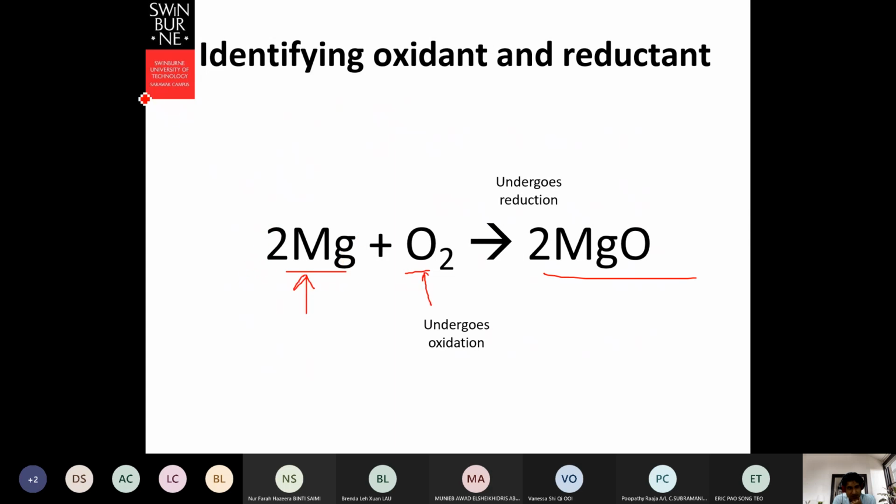Can anybody tell me? What was the oxidation state for magnesium and oxygen before, on the left side, that means the reactant side?